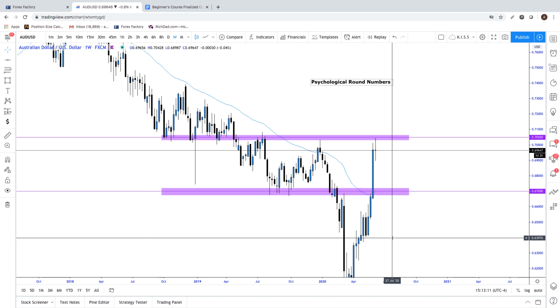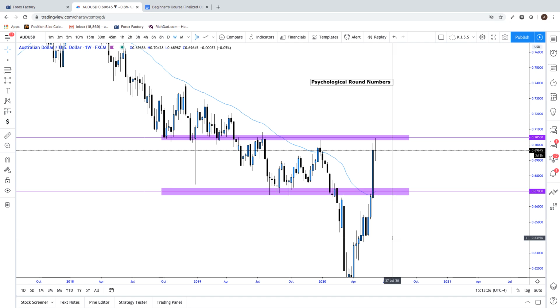It's because the banks enter their orders off of these round numbers. Okay, they oftentimes act as support and resistance, these round numbers.